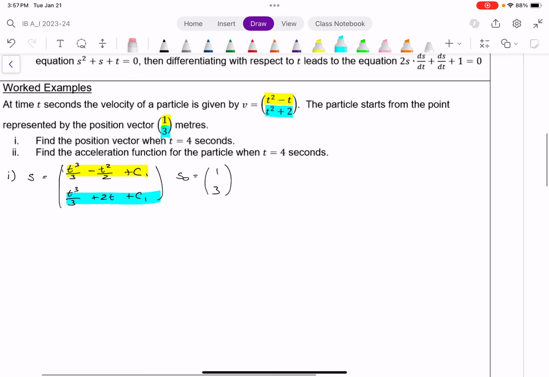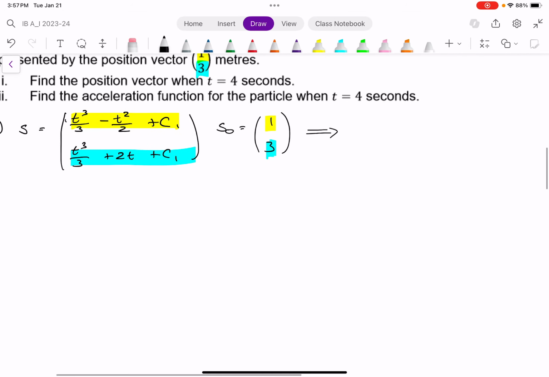So I know when time is 0, the position is 1, or the displacement is 1. When time is 0, the position is 3. And so let's quickly solve each of these separately. That means I know that first equation, if I replace t with 0, it's going to equal 1. And so I get 0 cubed over 3 minus 0 squared over 2 plus some constant equals 1, which means that constant must equal 1.